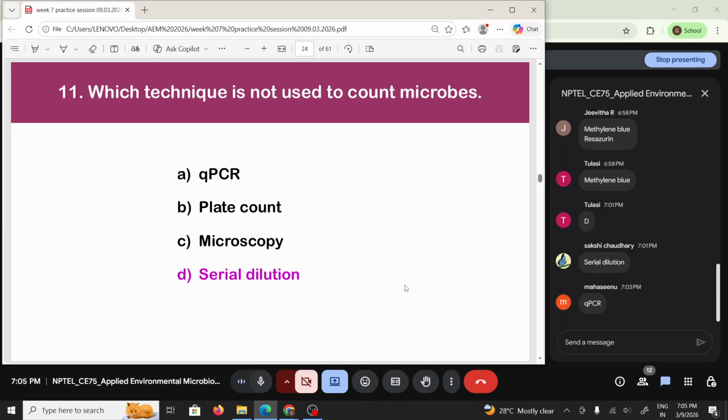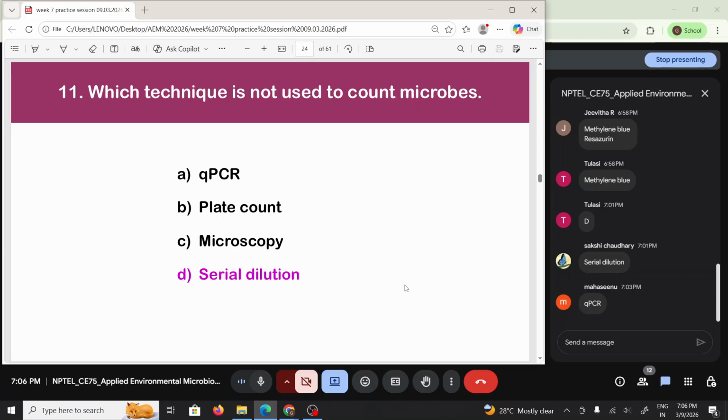We usually perform it in 10 times dilution, which means we take 9 ml of these buffers or water and add 1 ml of our sample, and from this we transfer 1 ml to the next tube containing another 9 ml of buffer or water. This sequential addition of 1 ml into 9 ml dilutes the sample 10 times each time. So when you do it twice, you have diluted it 100 times. When you do it thrice, you have diluted it 1000 times.